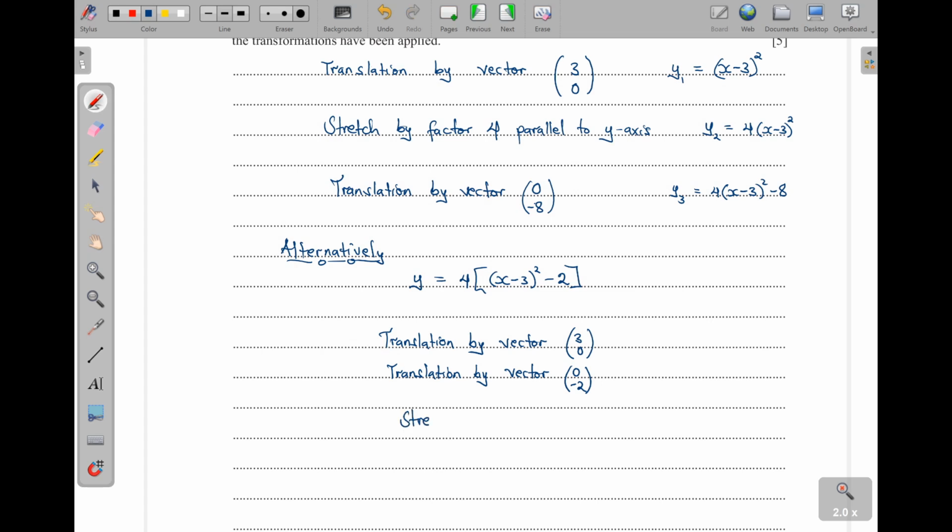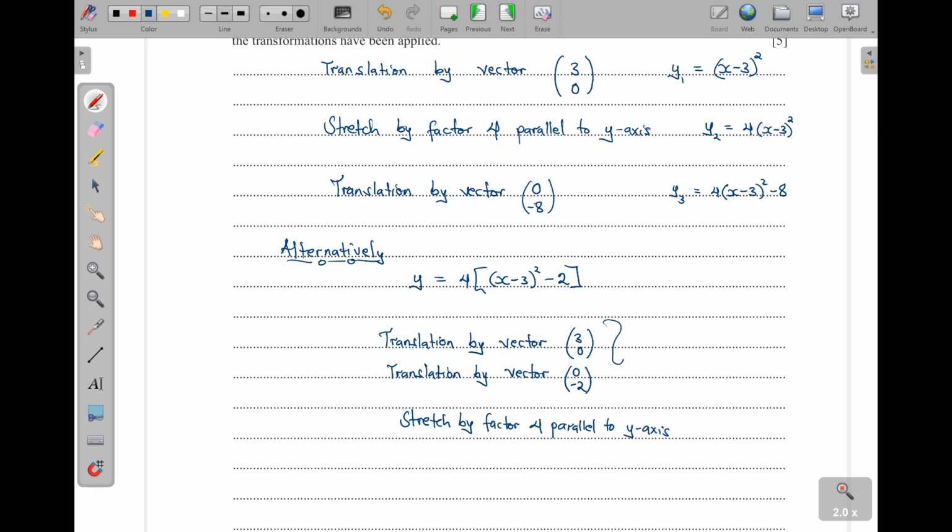So then you would say stretch by factor 4 parallel to the y-axis.